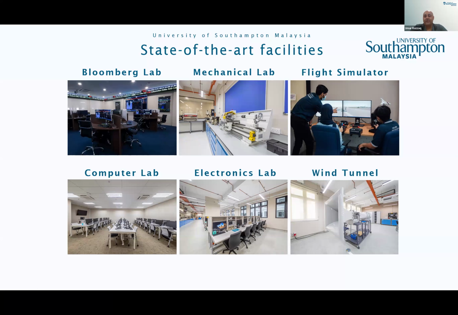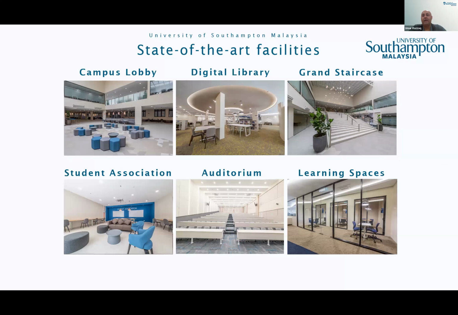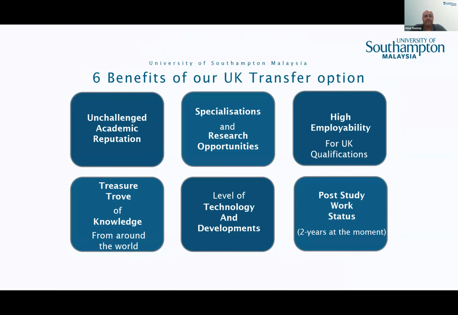Mechanical lab, fully functional flight simulator, wind tunnel on campus, electronics lab, electrical lab, computer labs, along with an artificial intelligence lab, innovation lab, materials and structures lab. About 14 labs on campus to make sure that our programs are supported by adequate facilities. And then obviously a beautiful lifestyle around and on the campus, right? So this is a brief introduction about the campus.